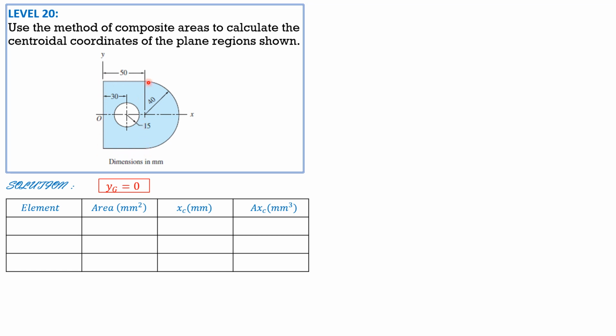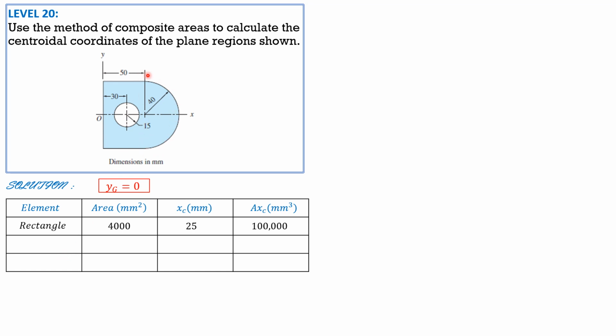The dimensions of the rectangle would be 50, then since this is 40, this is also 40, so 50 by 80. 50 times 80, the area is 4,000. X sub c of this rectangle is simply half of 50. It is 25. Therefore, area times x sub c is 100,000 mm cube.